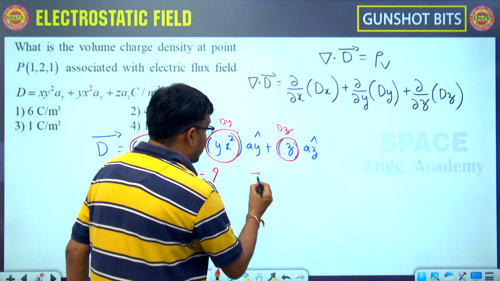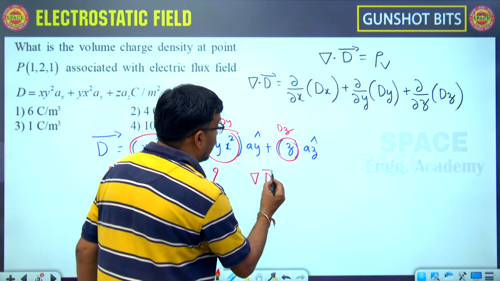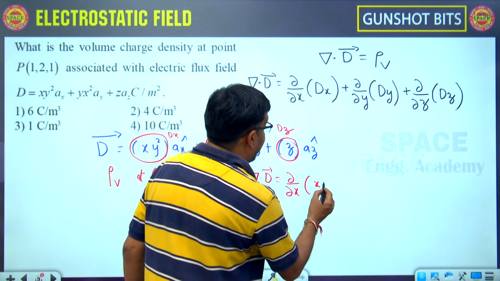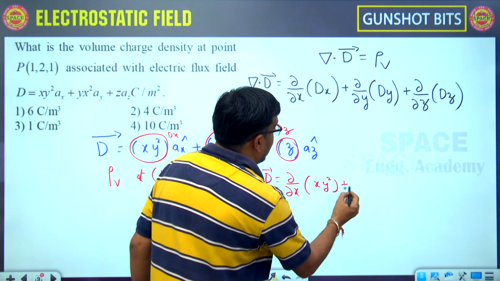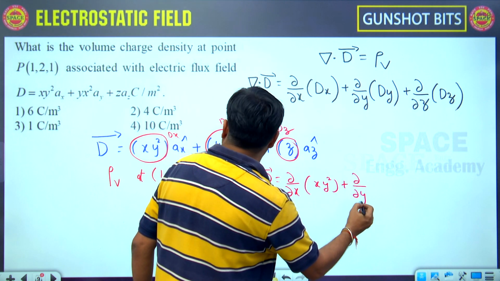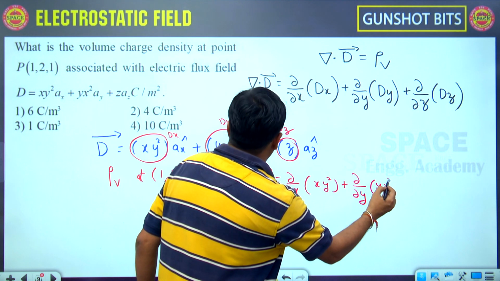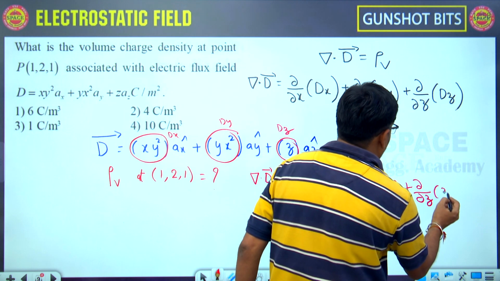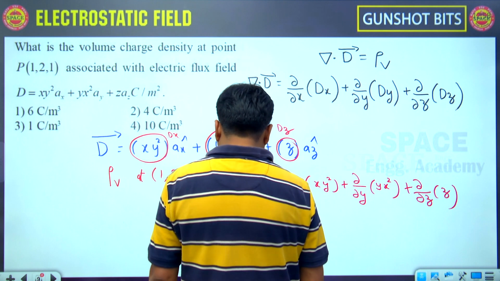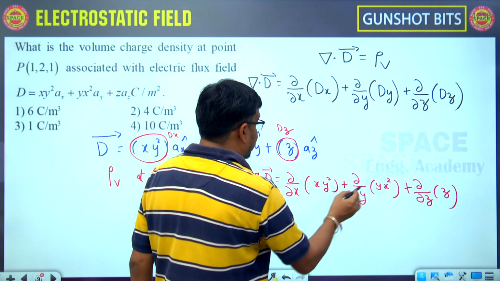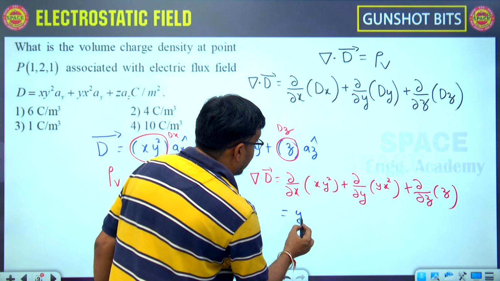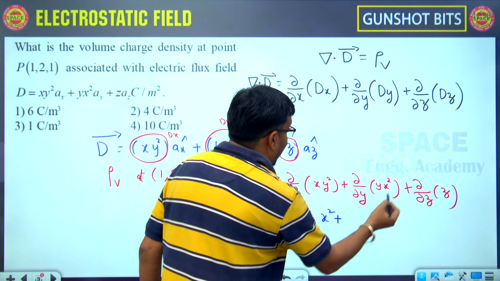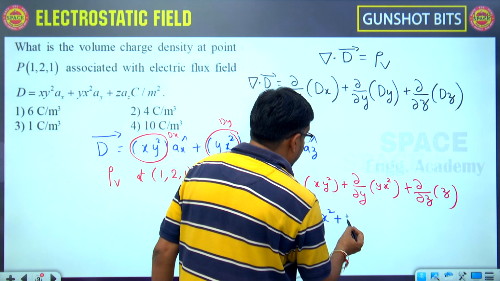Divergence of D equals dou by dou x of xy square plus dou by dou y of yx square plus dou by dou z of z. Differentiating first with respect to x, it is y square. Next with respect to y, that is x square. Finally with respect to z, that is 1.